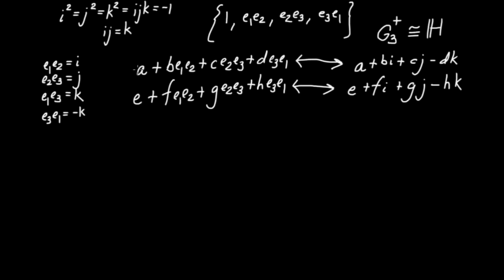Now what the isomorphism allows me to do is that, suppose I wanted to multiply this element of the even subalgebra by this one. Let me give this a name just to make it simpler. Let me call that R1 and R2. Suppose I wanted to carry out the operation R1 times R2 using the geometric product. I can do that.